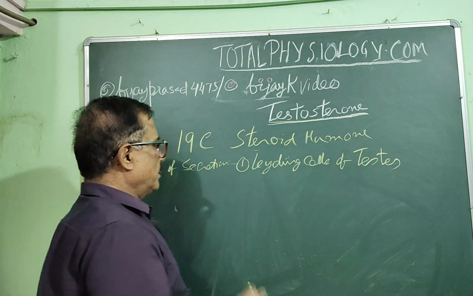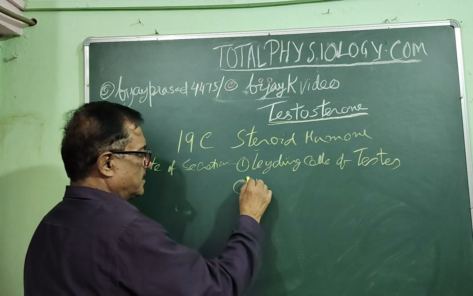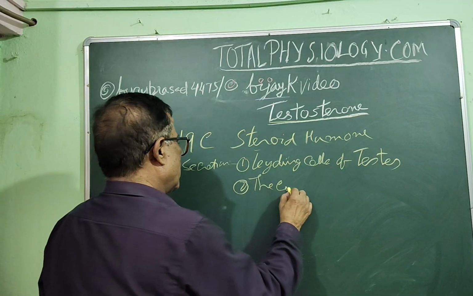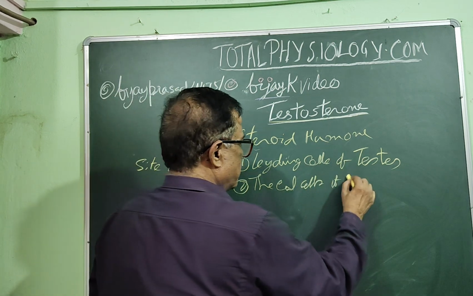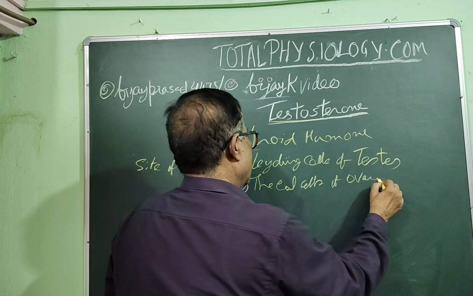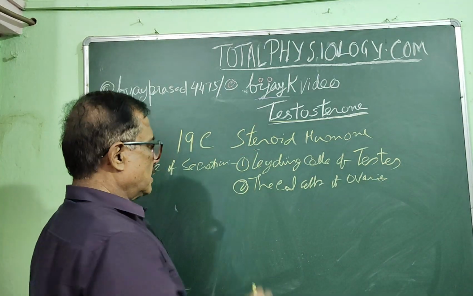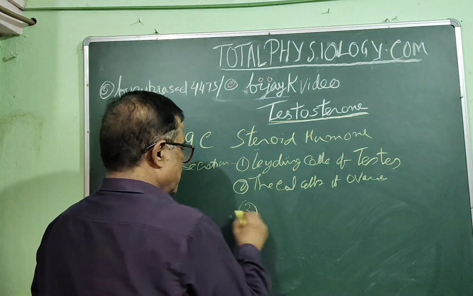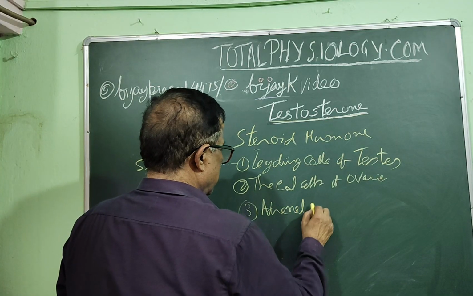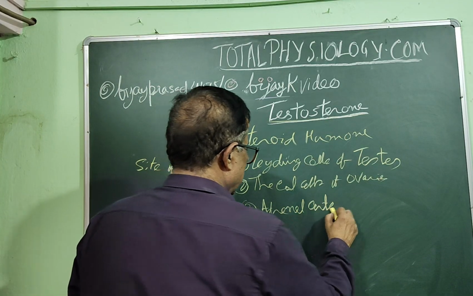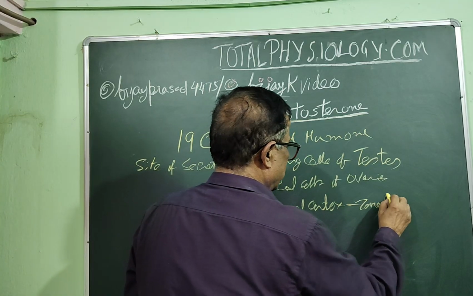In a small amount, it is secreted from thecal cells of the ovaries, and in a small amount also from the adrenal cortex, that is the zona reticularis.